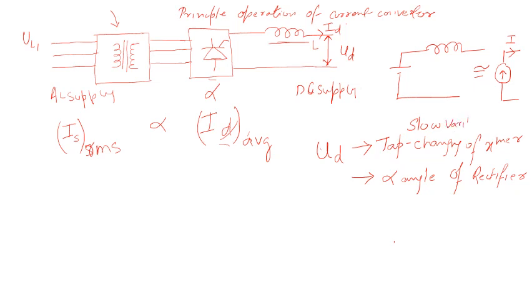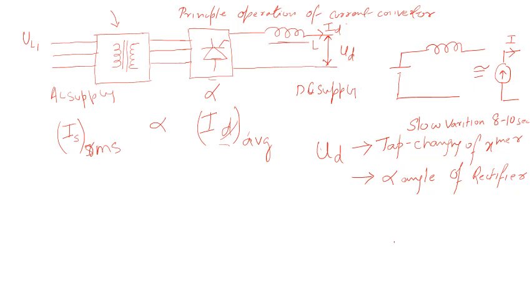If we want to change the voltage over 8 to 10 seconds, and see the change after 8 to 10 seconds, then we change the supply, we change the tap.